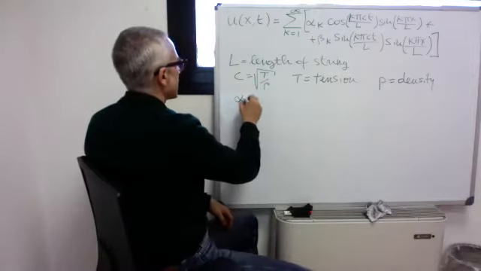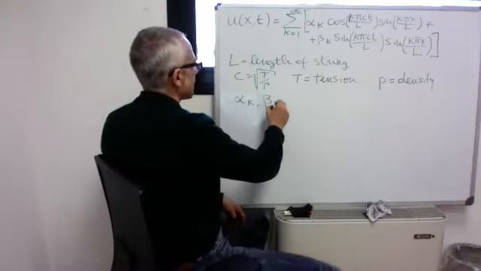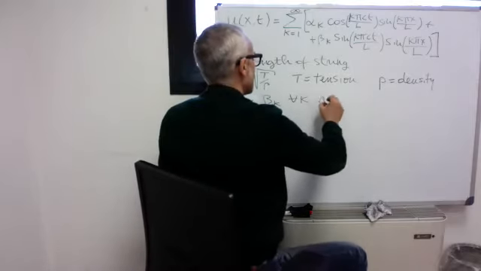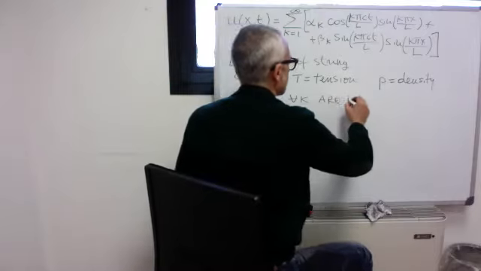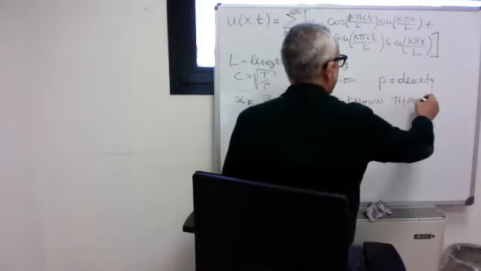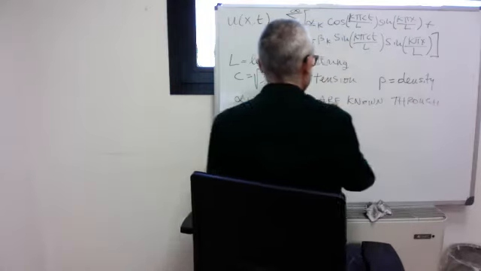So alpha k and beta k can be determined for every value of k through our initial conditions.